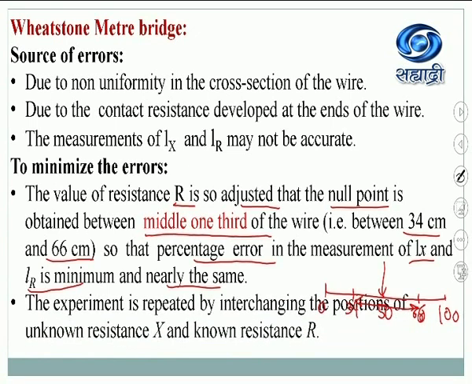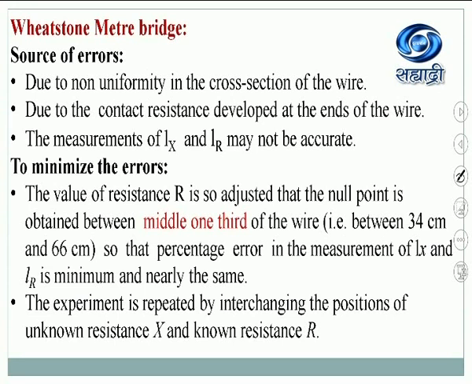Next one. The experiment is repeated by interchanging the positions of the unknown resistance X and the known resistance R. That means the unknown resistance we have connected in the left gap, if you see the diagram, and the known resistance is taken at the right gap.